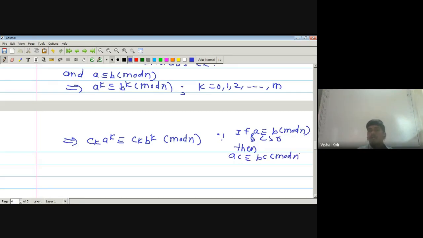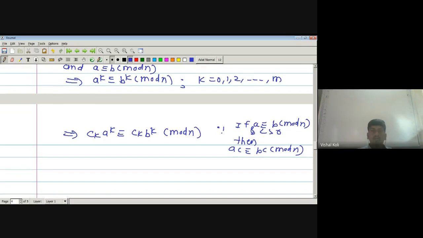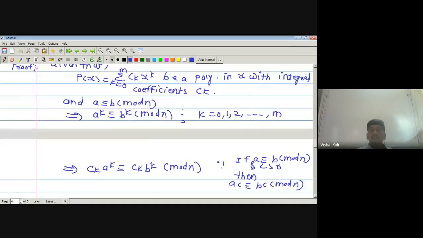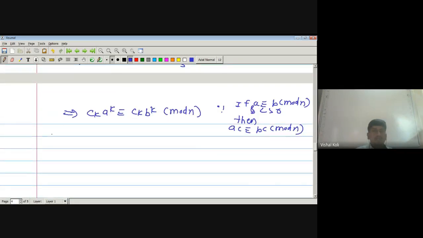From that we get ck a to the power k is congruent to ck b to the power k modulo n. But k is running from 0 to m. That is, here the first one is k equal to 0: c0 a0 is congruent to c0 b0 modulo n. In the second one, c1 a is congruent to c1 b modulo n.